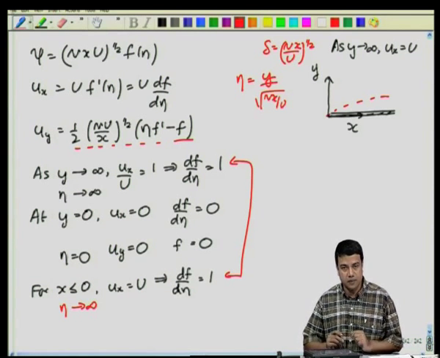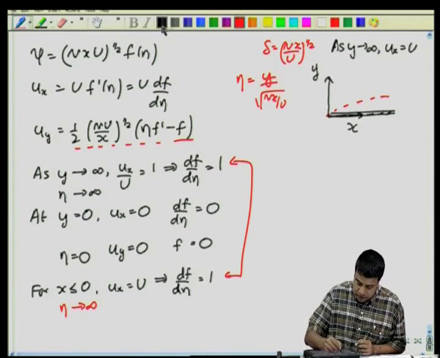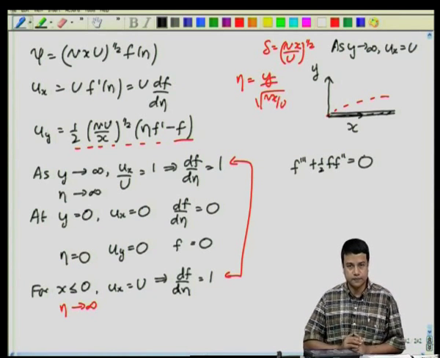So I have two conditions at y equal to 0 or eta equal to 0, one condition as eta goes to infinity: three conditions for a third order differential equation, f triple prime plus half f f double prime is equal to 0.